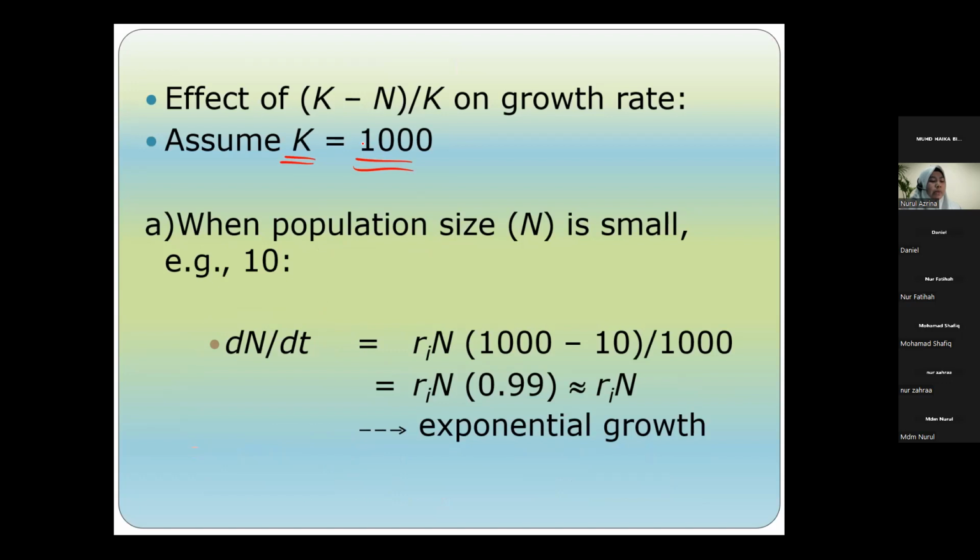Okay, when the population size, which is N, is small, like 10 for example, dN over dt equals RN, K minus N over K. K is 1,000 minus 10, divided by 1,000, you get 0.99. So the population can actually grow exponentially because the value is close to 1.